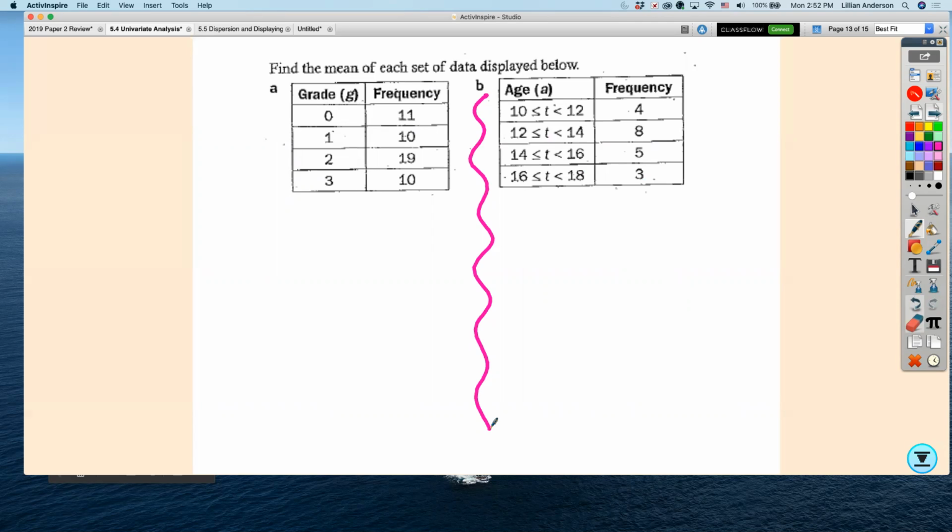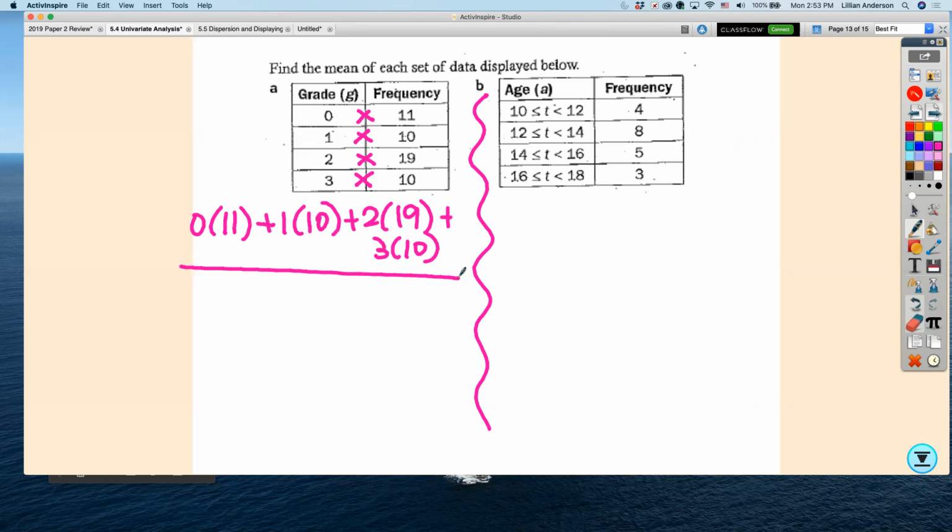Instead of sitting there and doing 0 plus 0 plus 0 plus 0 11 times, plus 1 plus 1 plus 1 plus 1 10 times, and 2 plus 2 plus 2 plus 2 19 times, and 3 plus 3 plus 3 10 times, you can multiply the X value by the frequency and then divide by the total frequency. Because when you multiply each of your X values by the frequency and add them up, you're technically finding the total sum of adding all of those up.